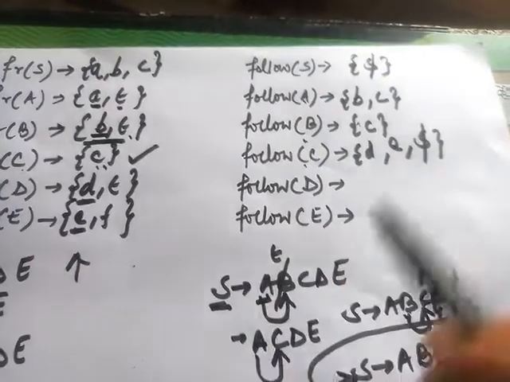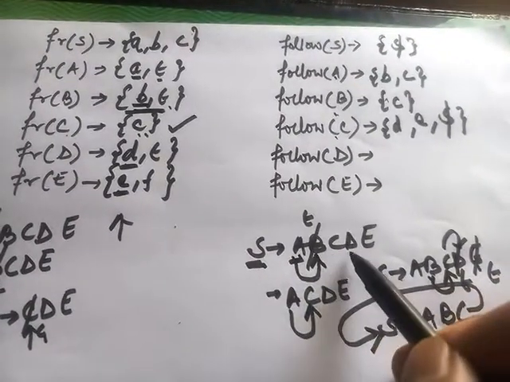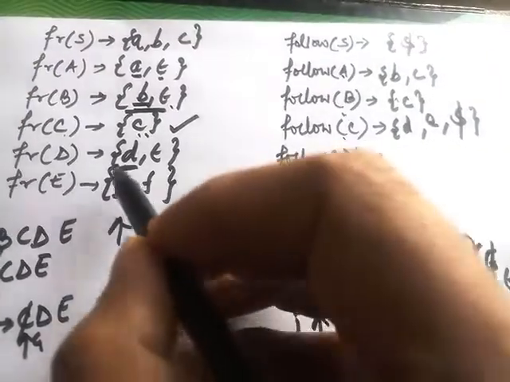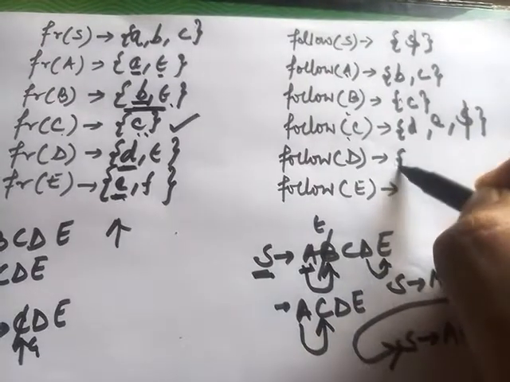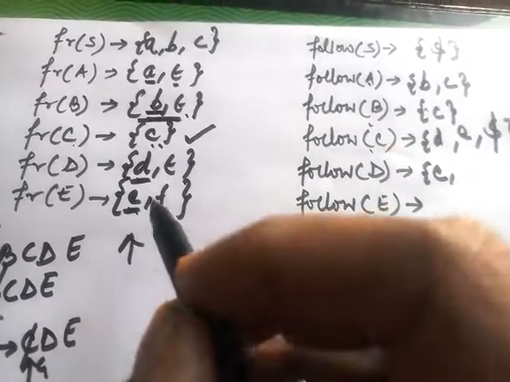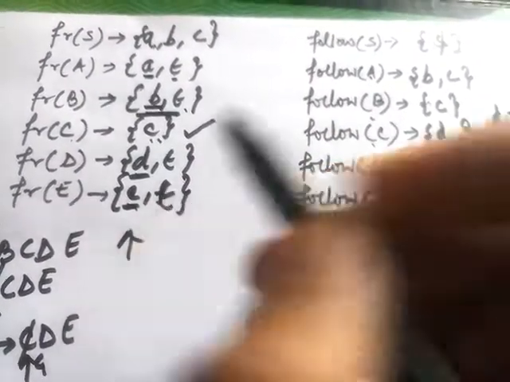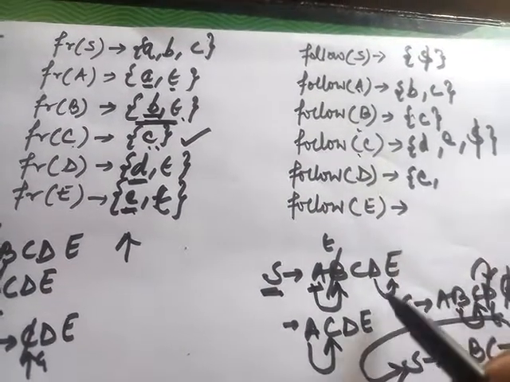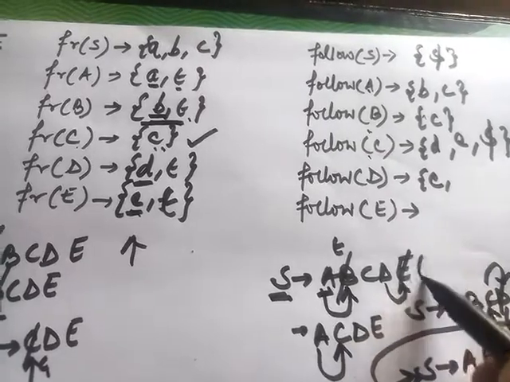Next, follow of D. So this is the expression. What comes after D? E. What is first of E? It is small e and epsilon. Epsilon we are going to substitute over here.